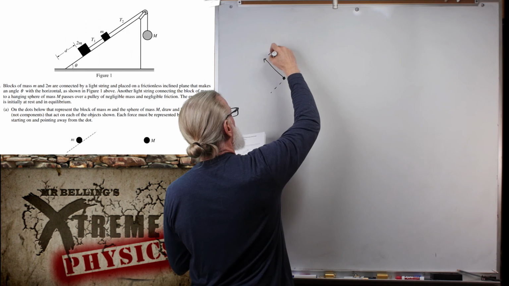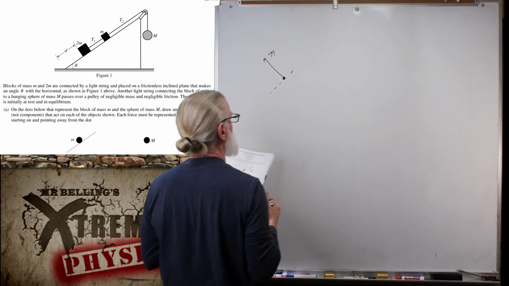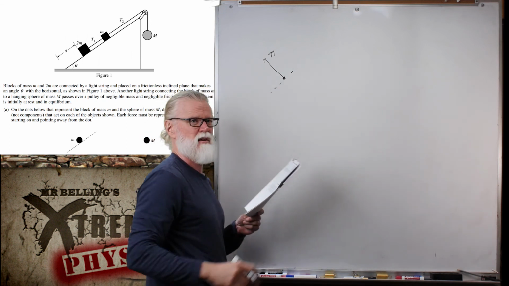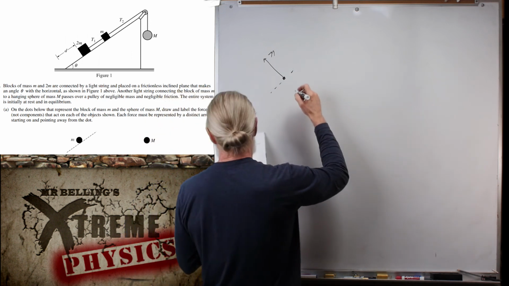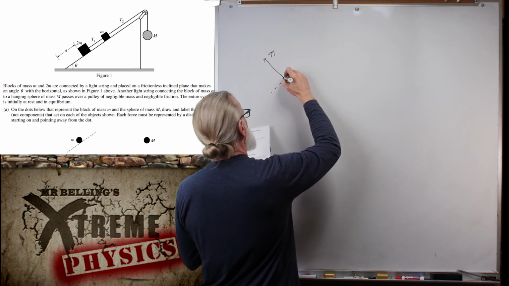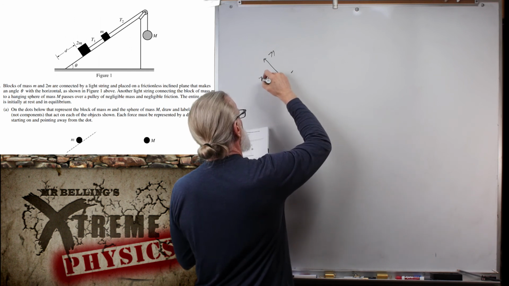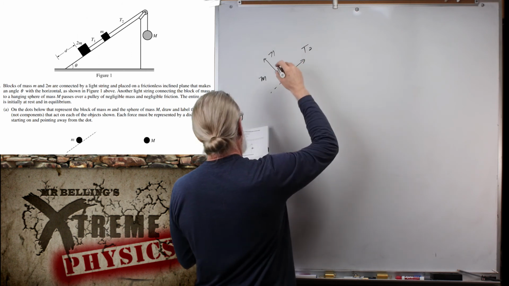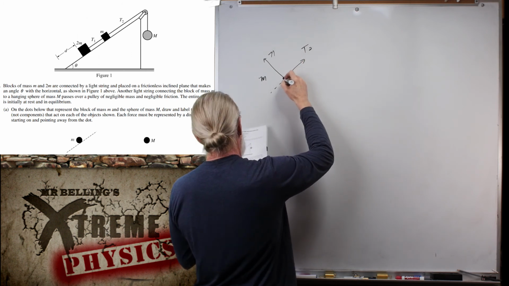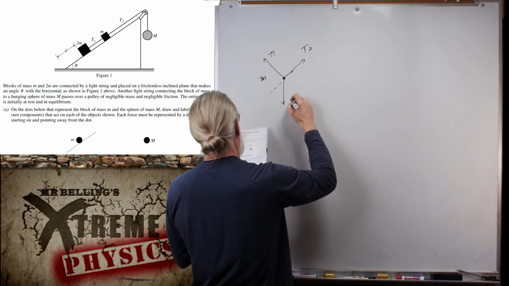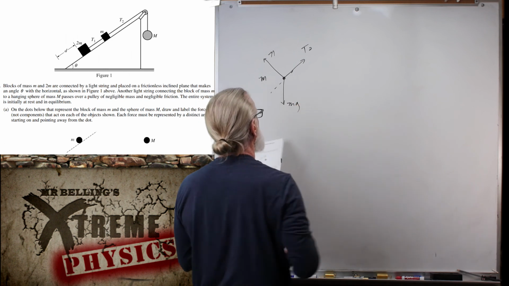There's a normal force. The surface is applying a force perpendicular to the surface, which is the normal force. It's called normal because normal means perpendicular. And all right, we also had T2. This is M, right? This is M. We had T2 pulling up, and we had the weight, which would be mg down.